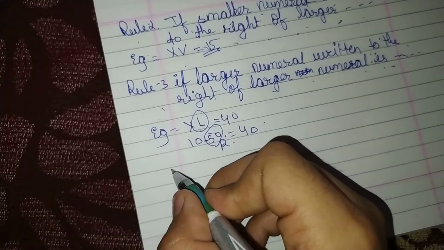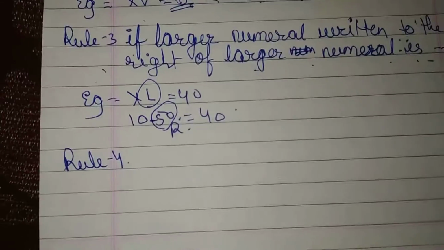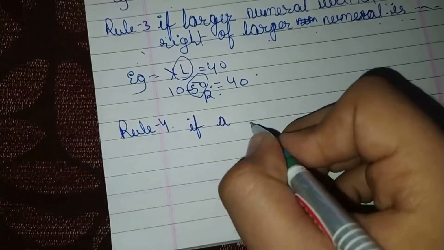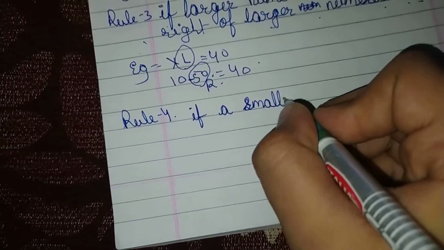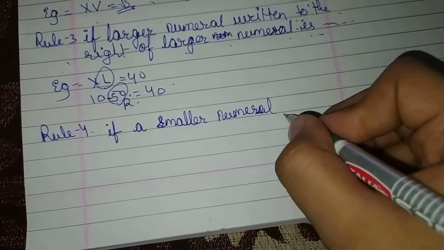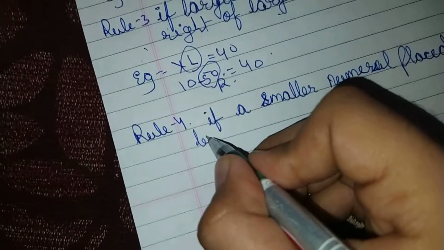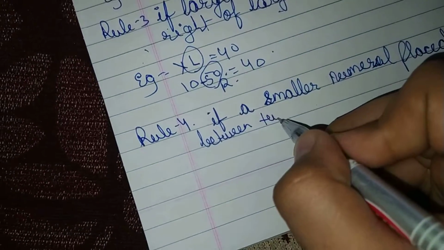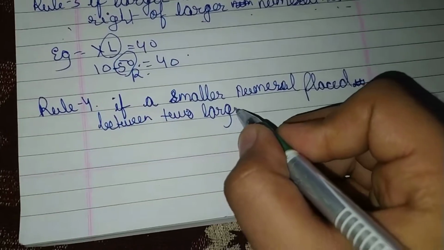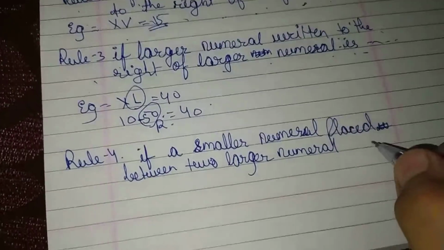Now rule 4 and the last rule. So friends, rule 4 tells us that if a smaller numeral is placed between two larger numerals, it is subtracted from the larger numeral.